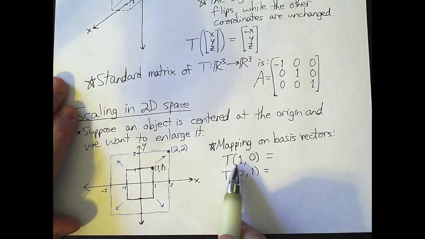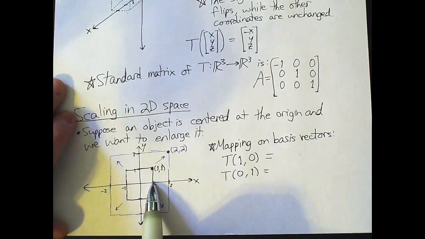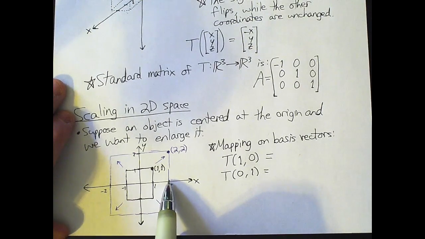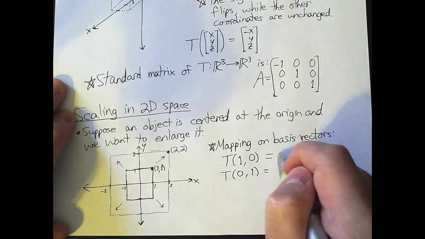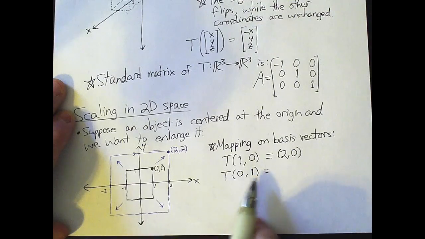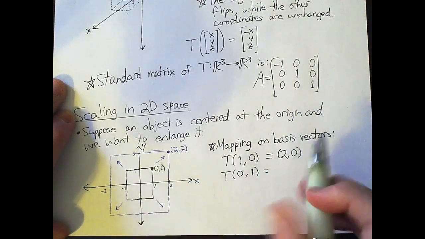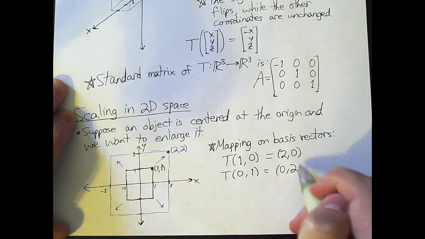Well, 1, 0 is actually a point that's on this square that I drew, right? 1, 0 is right here, and it looks like it gets moved over to 2, 0. So 2, 0. 0, 1 is also a point on my box, and we can see from the picture that it gets moved to 0, 2.